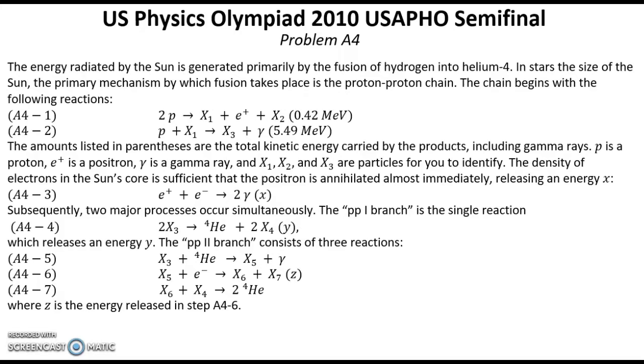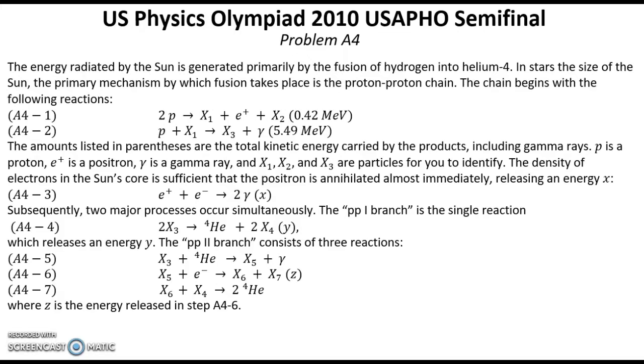USAPhO Semifinal, Problem A4. The energy radiated by the Sun is generated primarily by the fusion of hydrogen into helium-4. In stars the size of the Sun, the primary mechanism by which fusion takes place is the proton-proton chain. The chain begins with the following reactions.